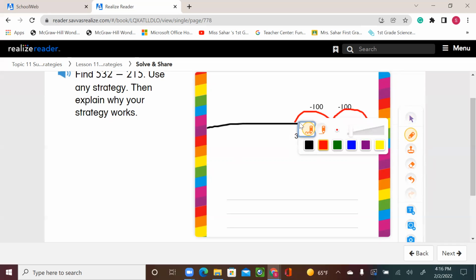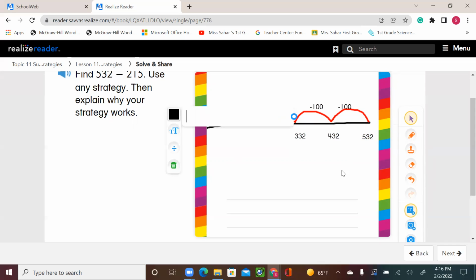So let me draw a smaller one, and then I write minus 10. I'm gonna put it here, and then I've changed my number to 322. Put it here. So now I subtracted the tens and the 100.